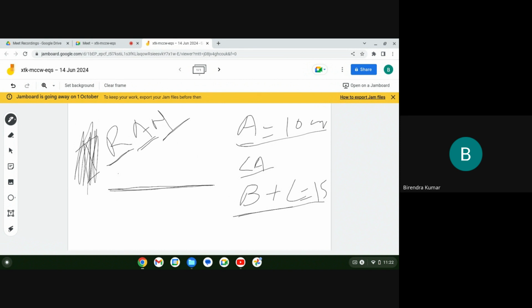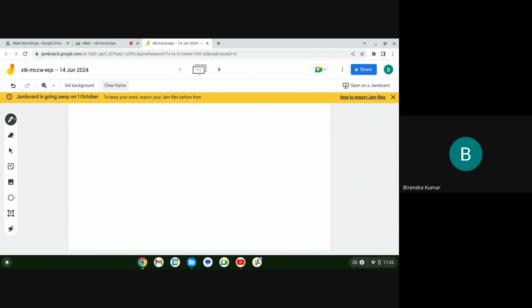Now, I'm doing the read part of it, meaning I have a situation where I'm given one side, the base, one side of the triangle, one of the angles, and the sum of the other two sides.